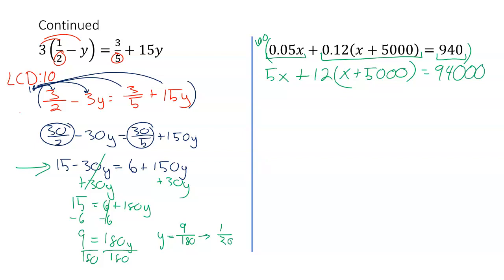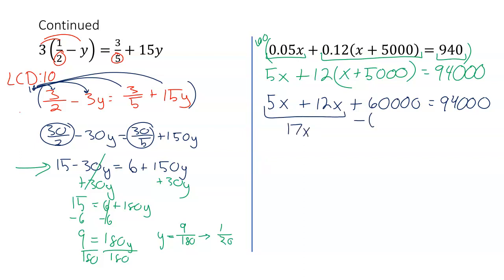Then we can go through our process. Distributive property. 5x plus 12x plus 60,000. The numbers are much bigger, but they're on the same scale of magnitude. So it's really not that much extra work. I can combine these terms. Fairly simple. I can subtract 60,000 from 94,000.